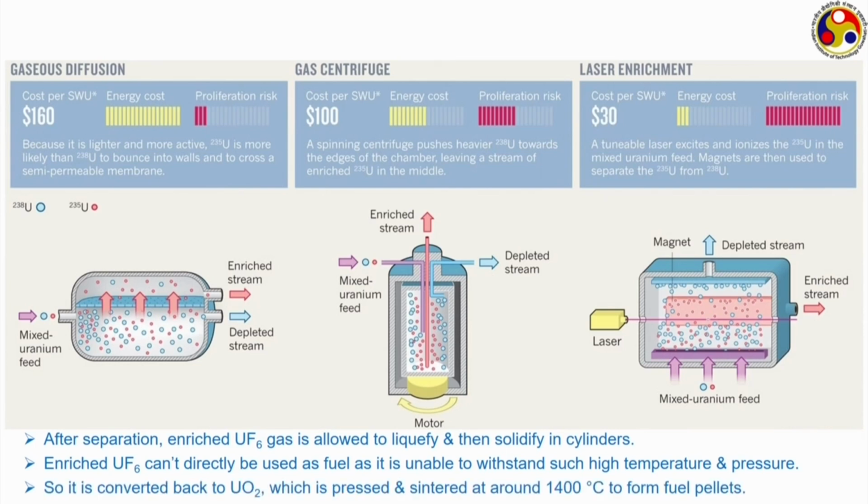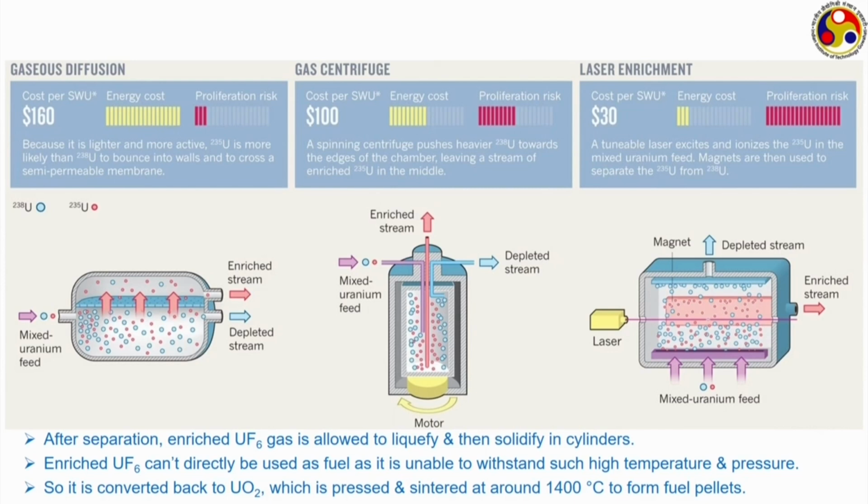But remember that what we are talking about now is an enriched one, that is, more of the UF6 molecules will comprise U235 than U238 compared to what we originally had. This conversion to UO2 is done, which is generally a solid or powdery material.